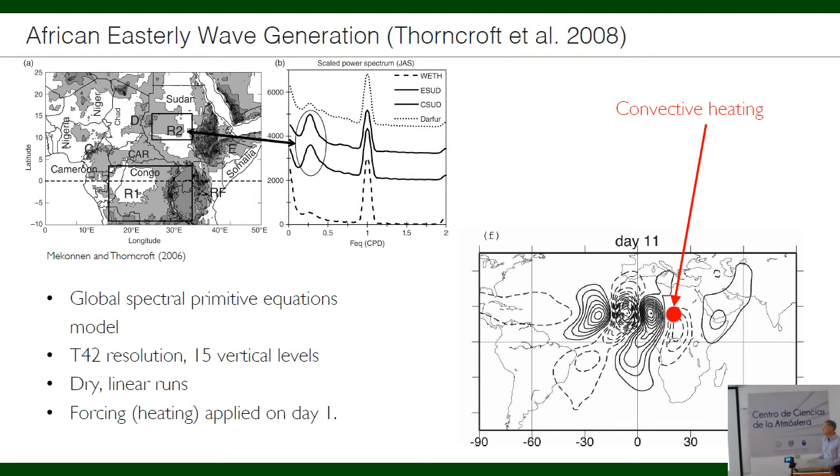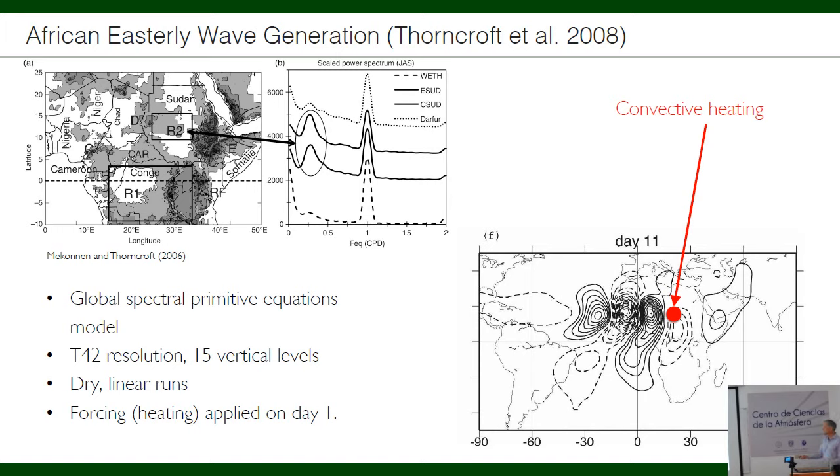They did a very simple experiment. They forced this model with a patch of strong convective latent heating in the atmosphere right over the Darfur region. When they forced the model with heating right here, representing the diurnal pulsing of convection, they got the development of easterly waves downstream in the model.